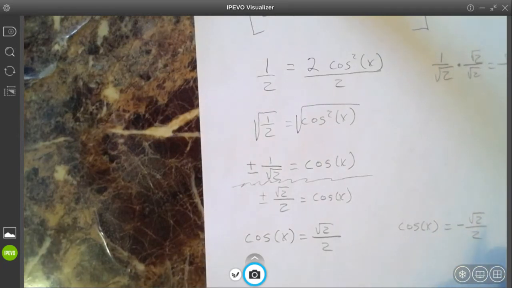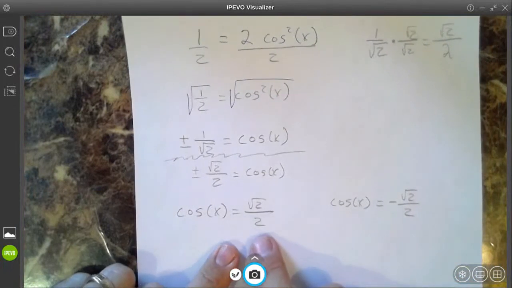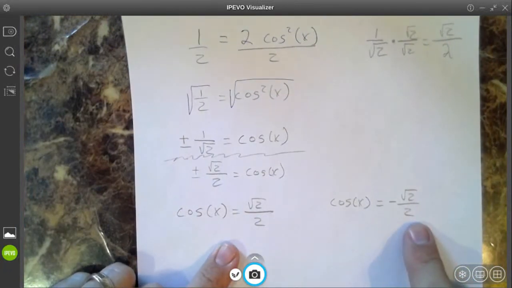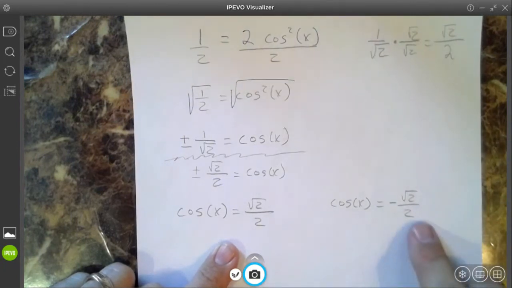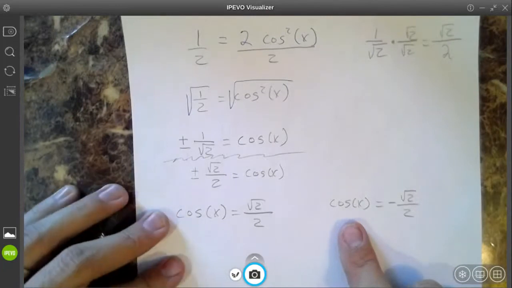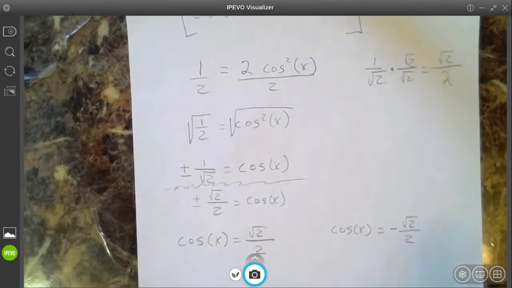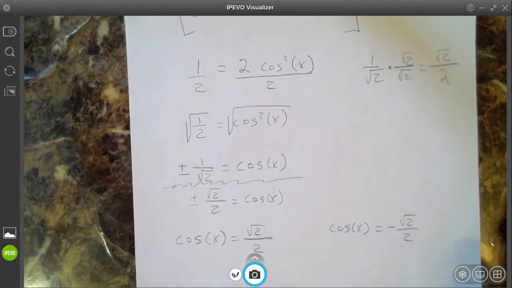Hopefully you realize that the first is going to be for quadrants 1 and 4, and this one is for the negative side, where the x values are negative. This is going to be quadrants 2 and 3. So it's going to be all 4 quadrants here.